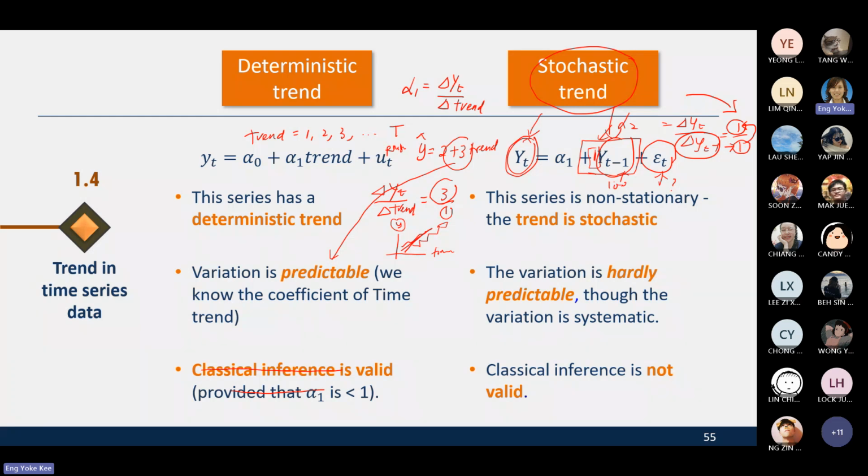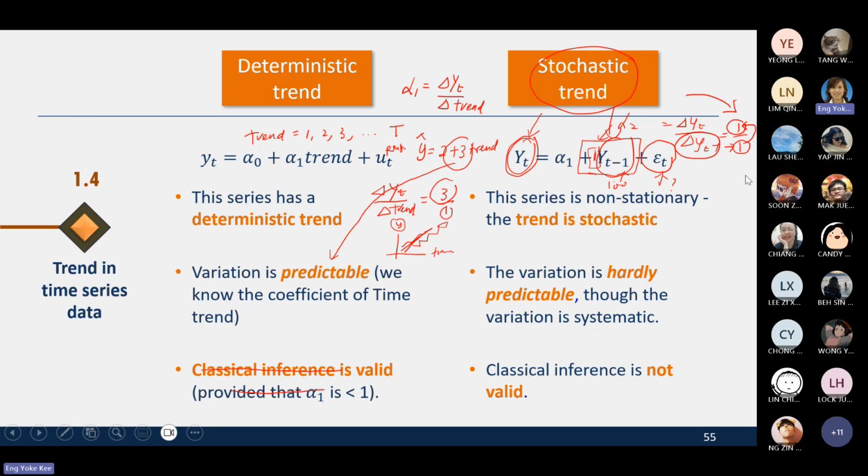So these are 2 common ways to model the trend pattern. One is using a linear trend, and we call this a deterministic trend. The other one is to use the lagged value and set the coefficient equal to 1.